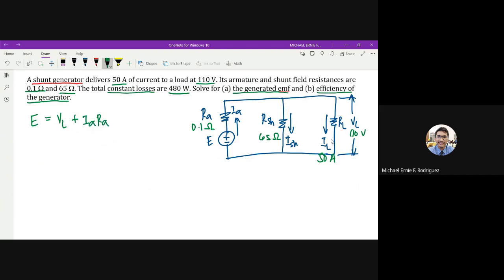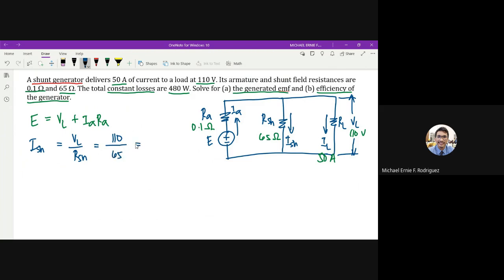Okay? So, wala tayong IA, di ba? So, we need to solve for IA first. So, yung IA natin, we need to solve muna yung ISH. Okay? So, to solve for ISH, sabi natin, this is a shunt. Di ba? Naka-parallel. And then, ang formula natin dyan is VL over RSH. Okay? So, VL natin, given na siya, 110 volts over your RSH, 65 ohms.